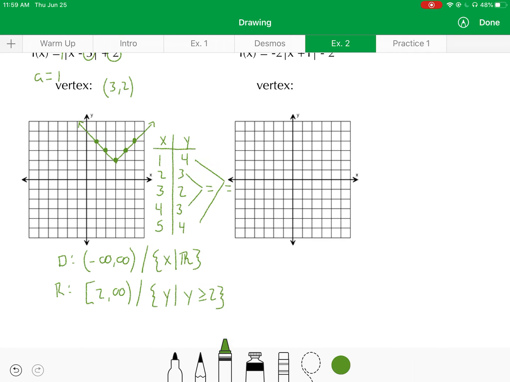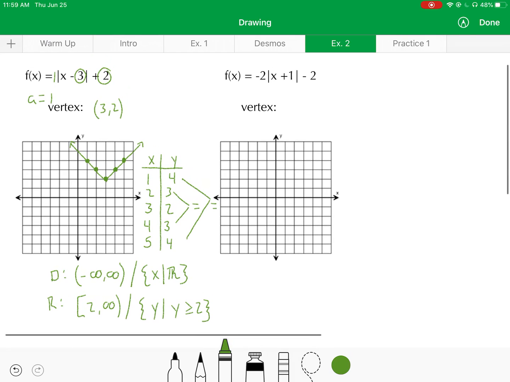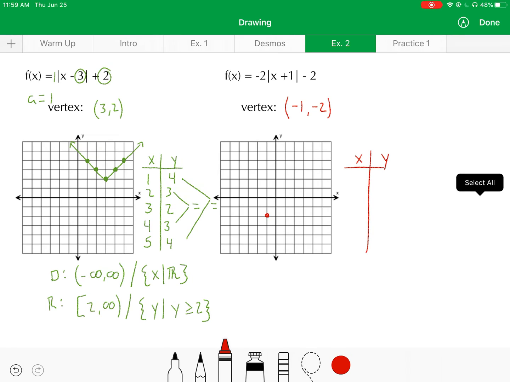Okay. Next example. This one I would say has a vertex of -1, -2. Okay. Plot that point. Another table of values. Put the -1, -2 in the center. Pick two values smaller than that x coordinate of the vertex and two values larger.